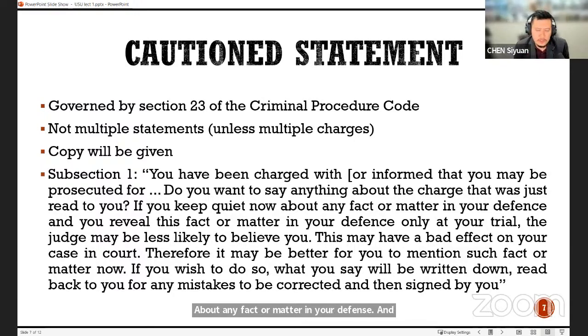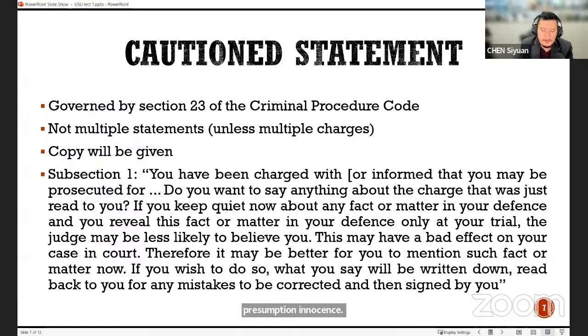So just like Section 22, this is a mixed bag in terms of presumption of innocence. Right? The caution doesn't state anything about privilege against self-incrimination in an explicit way, like Section 22, but it does so indirectly by saying that we only want you to raise matters regarding your defense now, not later.